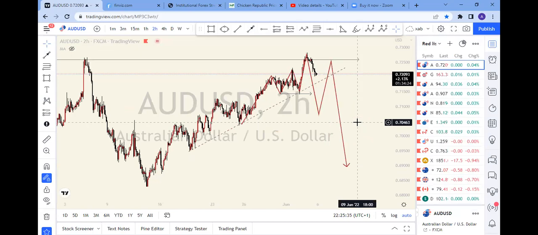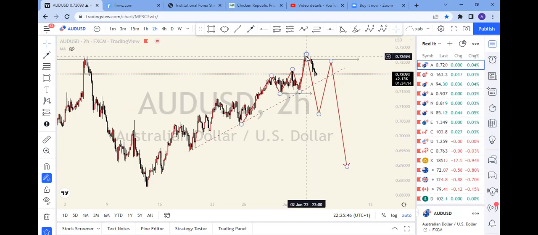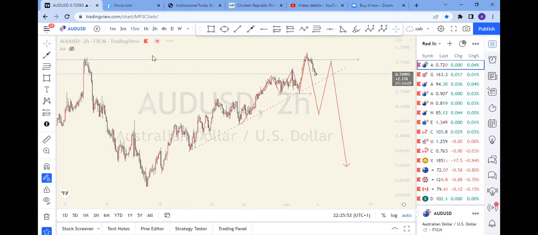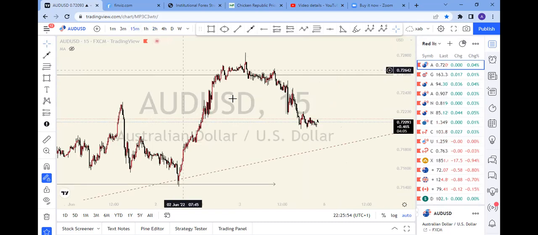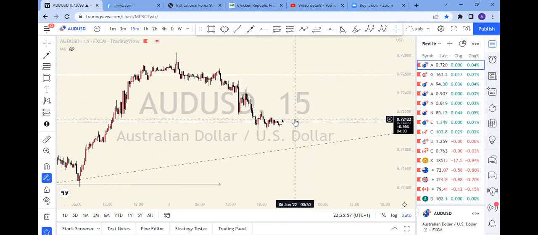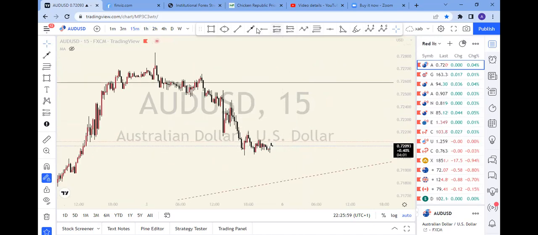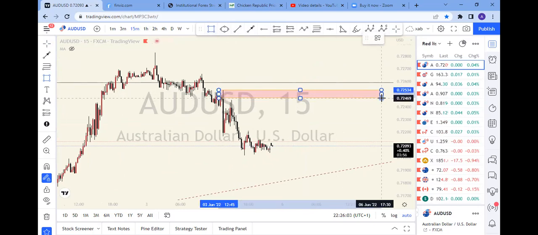This is AUD USD, and this is what we discussed. We talked about the fact that for AUD USD, if you missed this initial entry here, the best course of action would be to wait for a break of structure here, unless you are quite proficient with lower time frame trading and you're able to quickly skim off some pips, maybe from a strong zone.